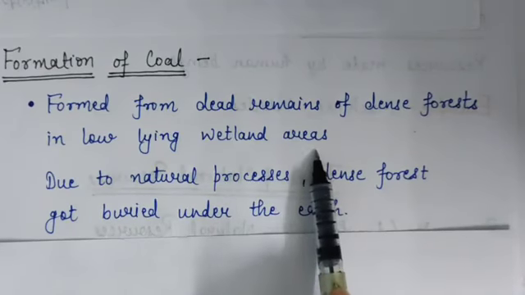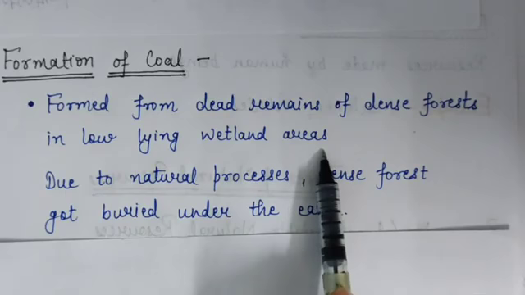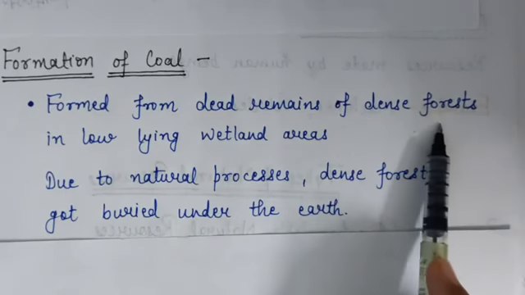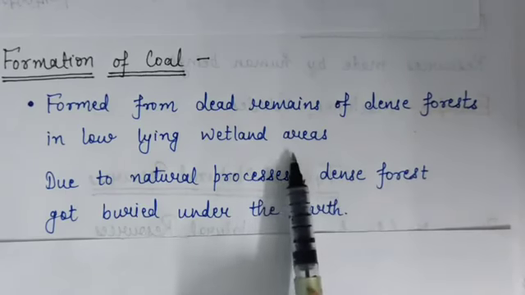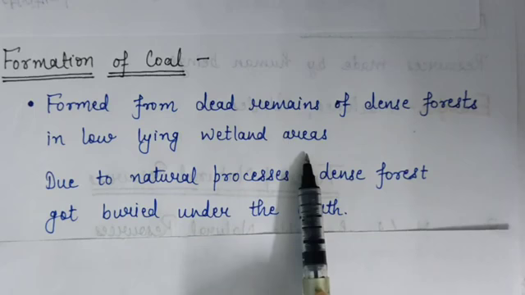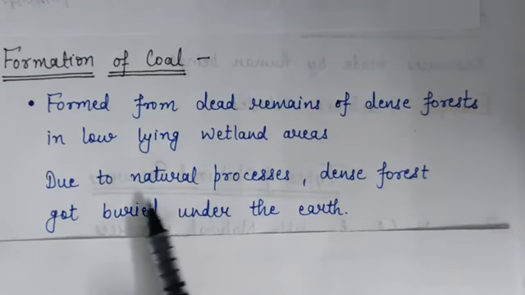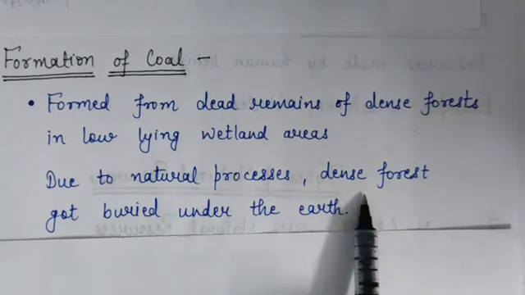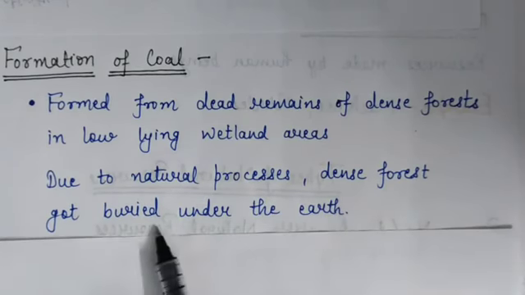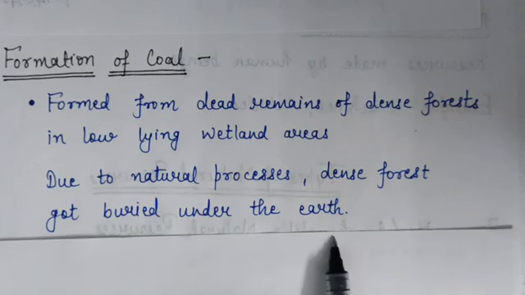It is formed from the dead remains of plants and animals that got buried under the earth about 300 to 400 million years ago. It is considered that due to natural processes such as flooding, the dense forest got buried under the surface of the earth.